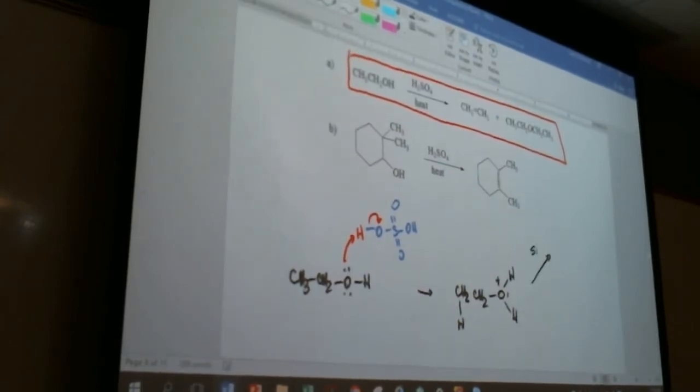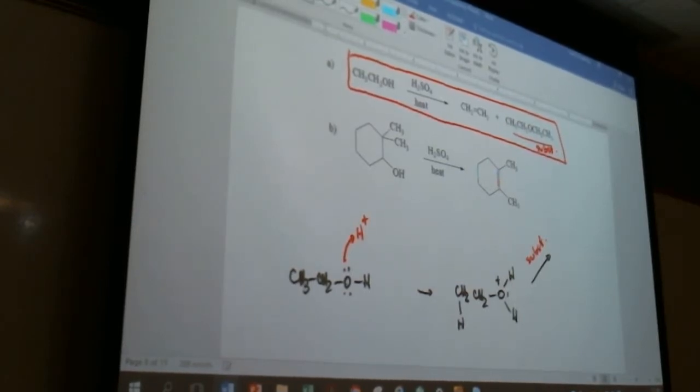If I do a substitution, the reagent that will give me this substitution product is in ethanol, right?